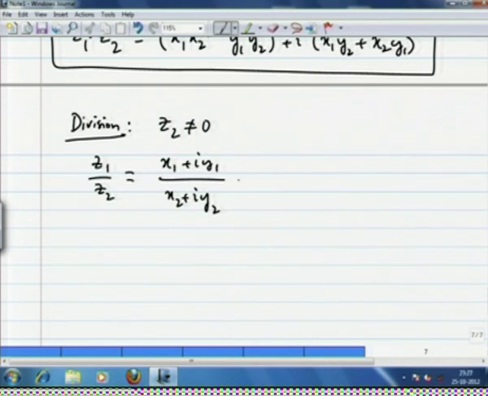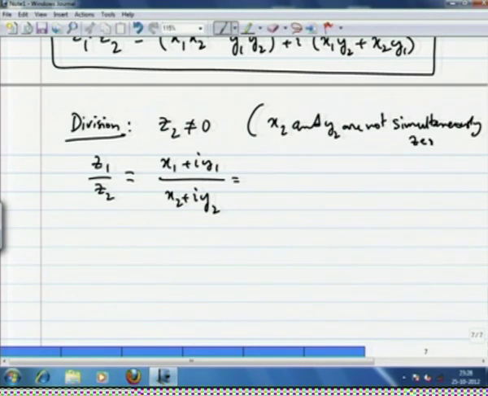Z 2 not being 0 means that x 2 and y 2 are not simultaneously 0. One of them can be, but not both, because the complex number 0 is 0 plus I times 0, which we are abbreviating as 0.